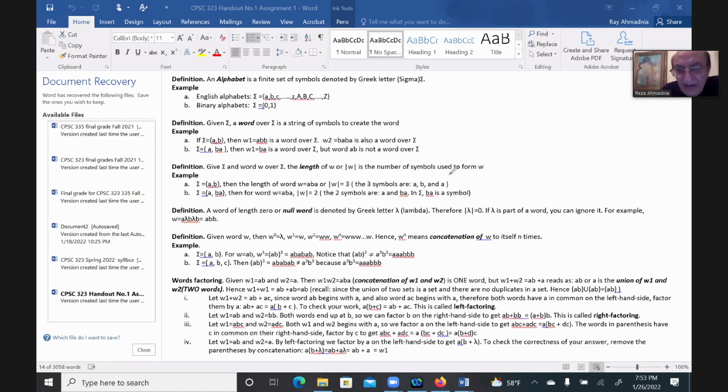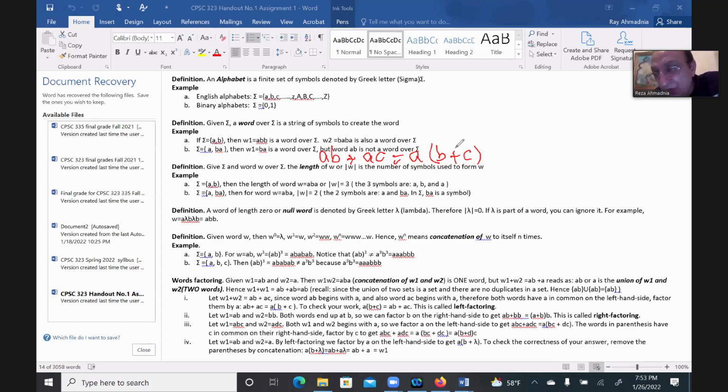Okay, now we talk about factoring. If I have a word AB, and a word, for example, AC, both of these words start with A. So I can factor by A. If I factor by A, from this one we have B, and from this one we have C. When you have something like this in algebra, you multiply.